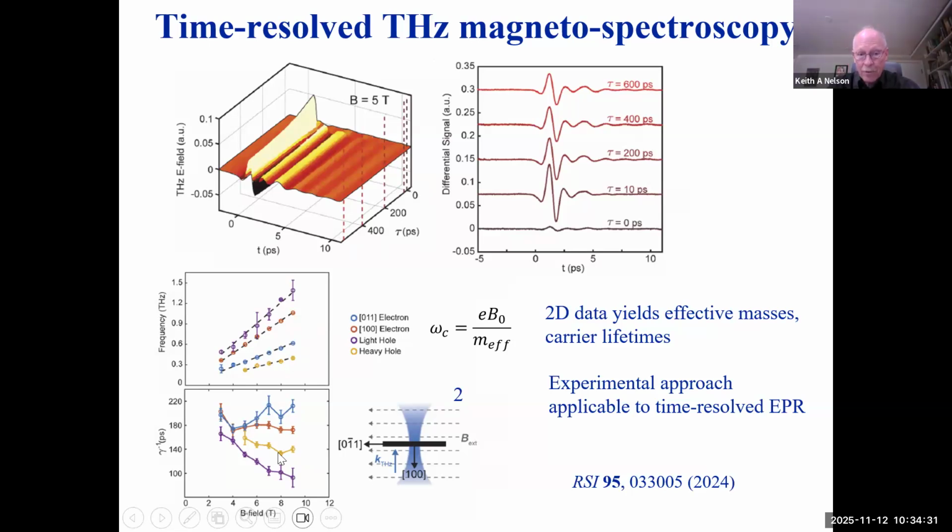If we do that as a function of the magnetic field strength, which goes from about 3 to 9 Tesla, you can see that the frequency increases linearly with the field as you expect, and what these give us are the effective masses of the heavy and light holes and the electrons. So we can measure them all in this manner.